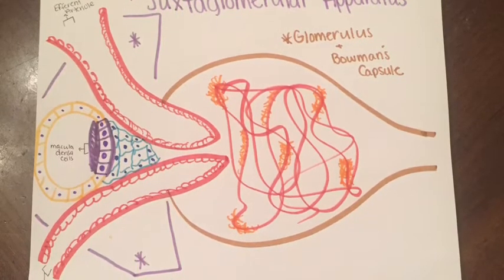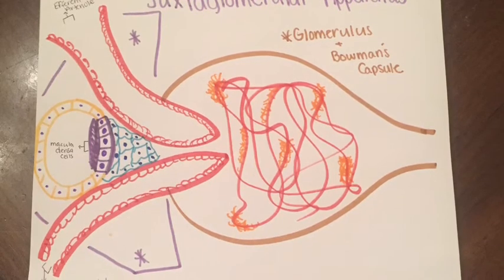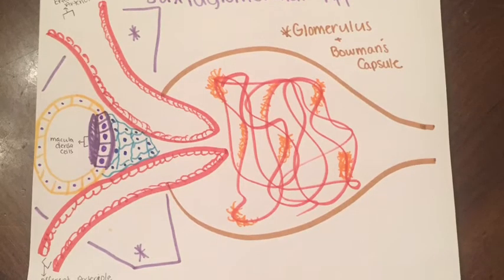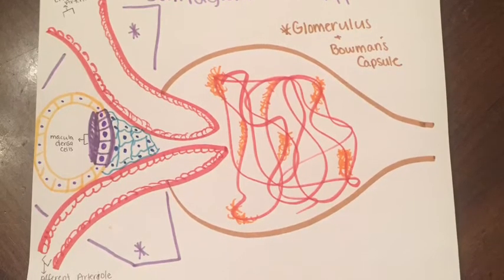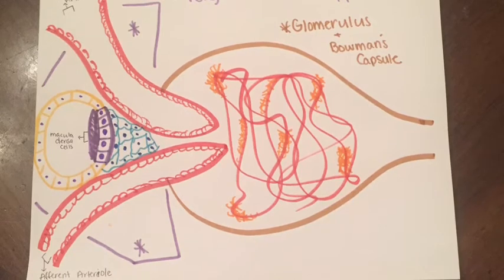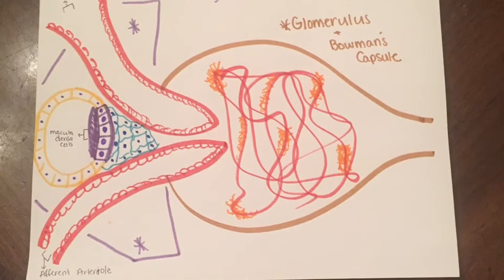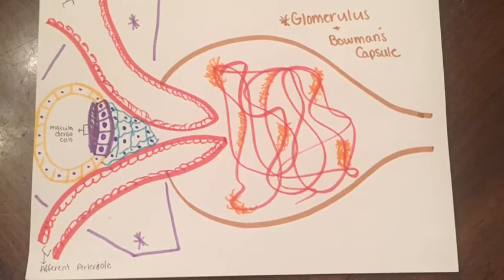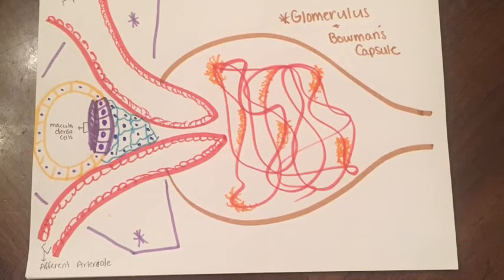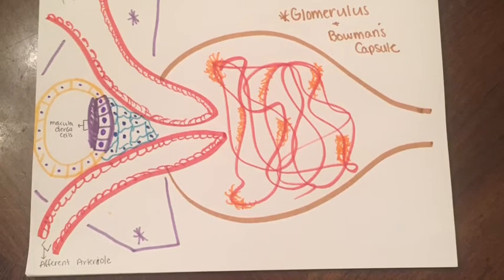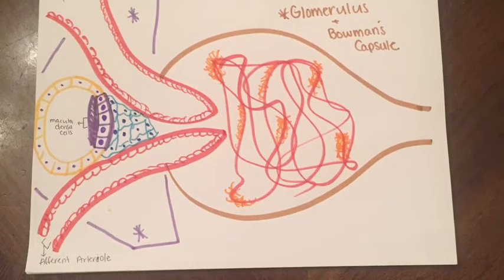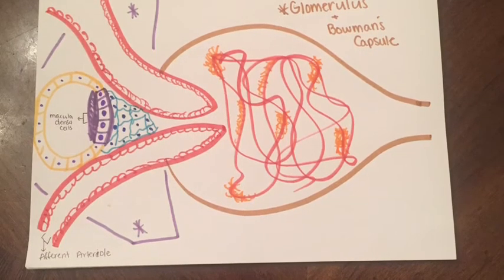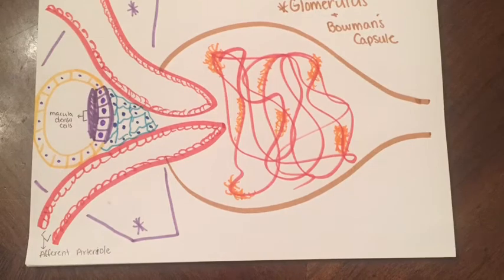These measure concentration of sodium in the filtrate, also measures how much dissolved solute is in the filtrate. JG cells act as mechanoreceptors, and they are blood pressure sensors for afferent arterioles. JG apparatus secretes renin and erythropoietin. Functions of the JG apparatus: it regulates the rate of filtrate formation and regulates blood pressure.